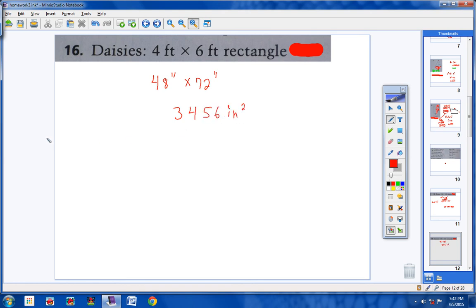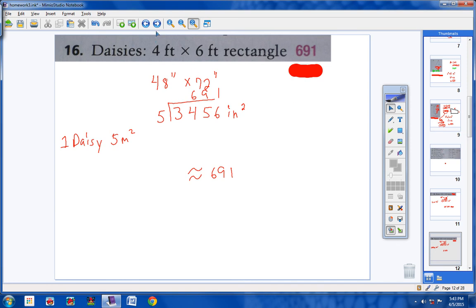Now 1 daisy, if you look in the directions, is 5 square inches. So let's see how many times 5 will go into this. 691, approximately, okay?